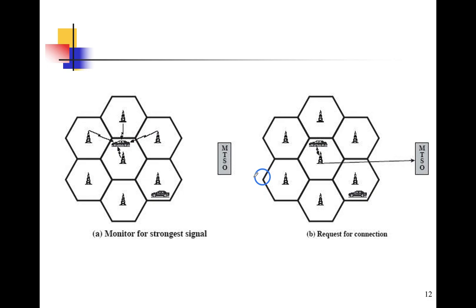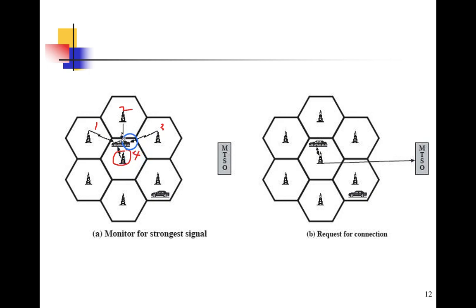Let's take an example. In diagram A, this car monitors the strongest signal, because the car can see the signal from this base station and this base station. From the diagram, you can see that this is the strongest one because it's nearest in the cell.